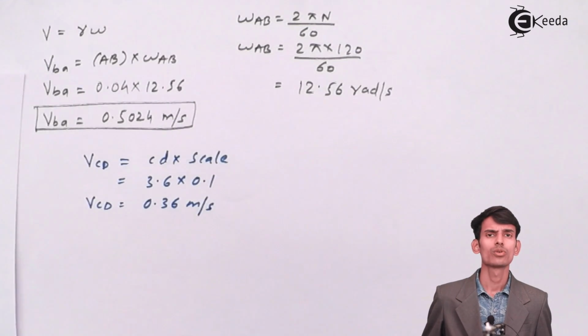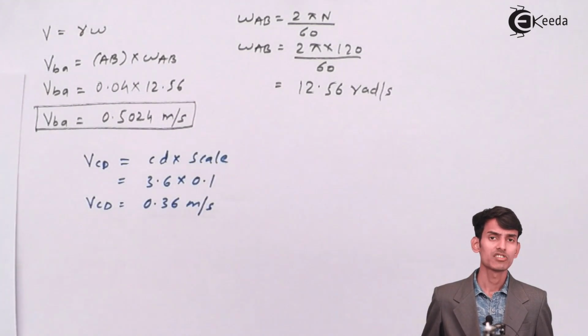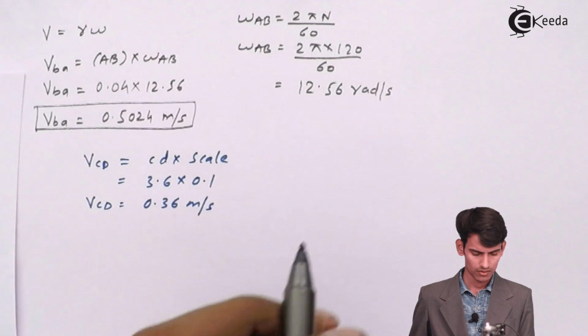Now VCD is known to you. Since velocity of C with respect to D is known, we can calculate the angular velocity of CD.